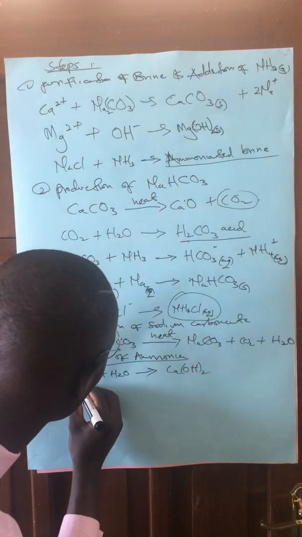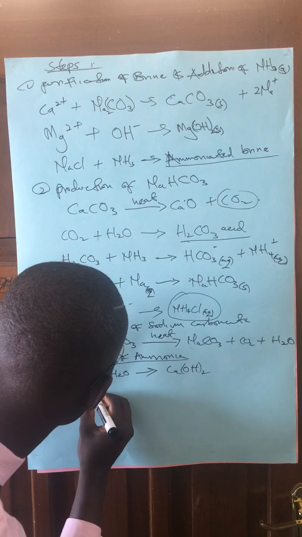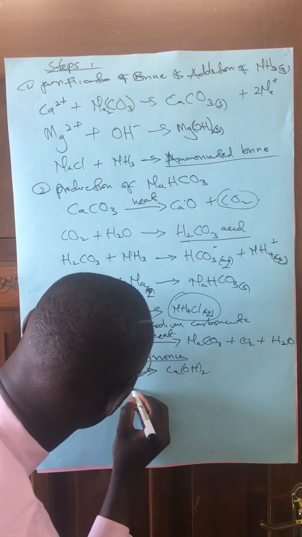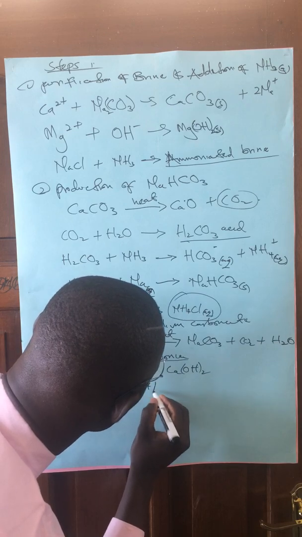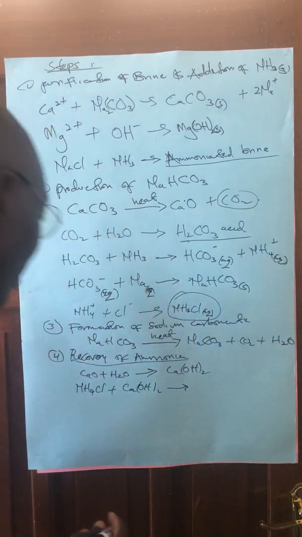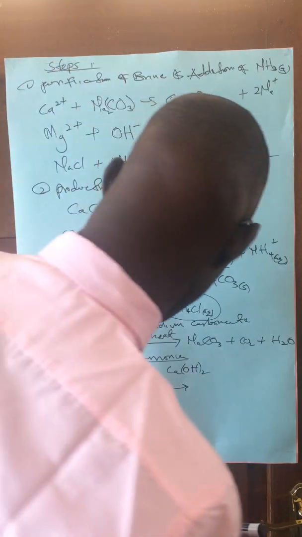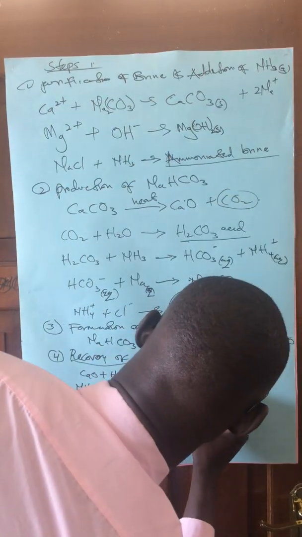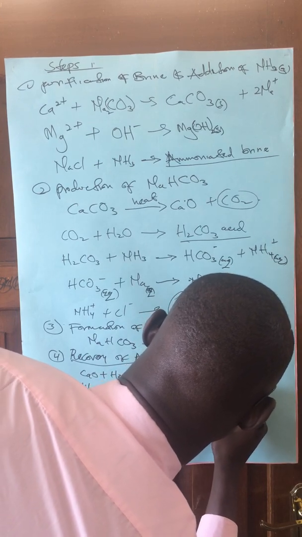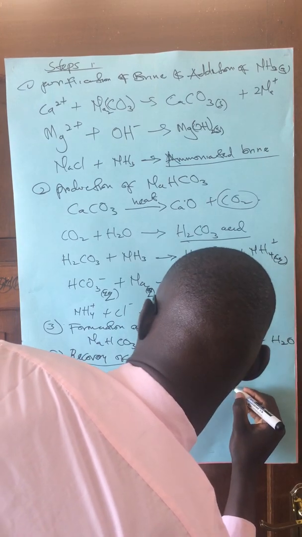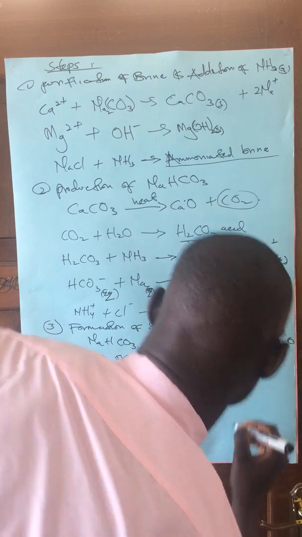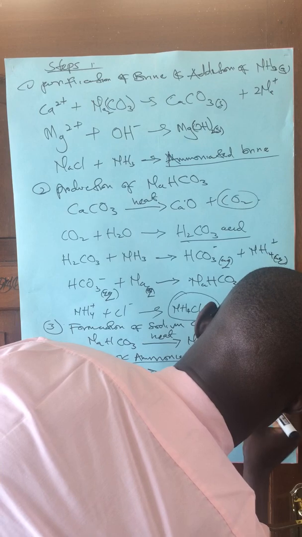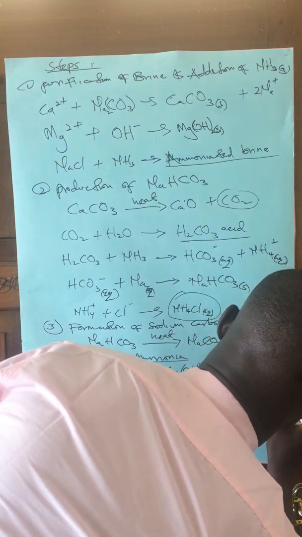So when we react ammonium chloride with calcium hydroxide, we are going to produce calcium chloride plus water plus ammonia gas.